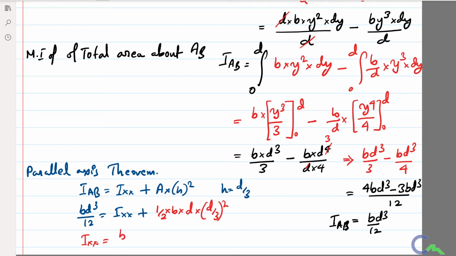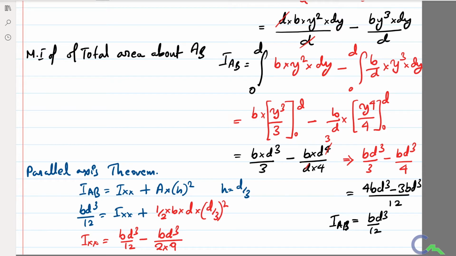If I simplify this, I want the value of IXX. I can write b d cube by 12 minus b d cube divided by 2 into 3 square, that is 9.